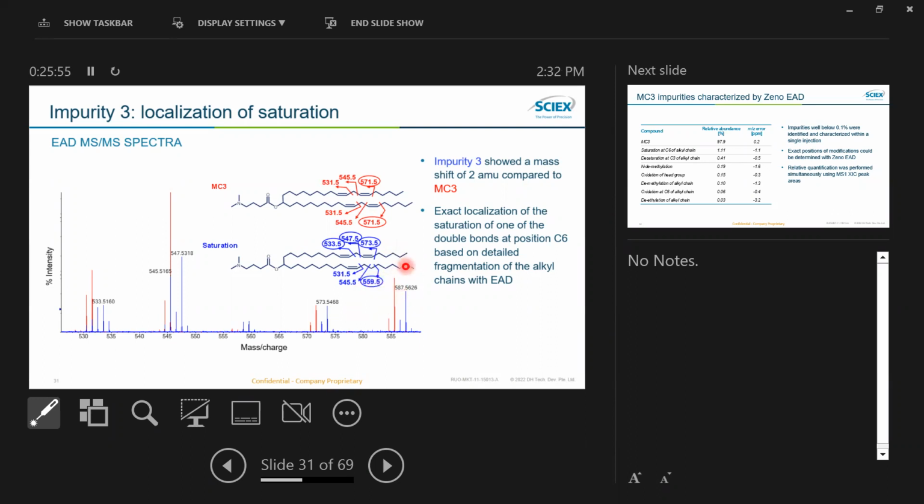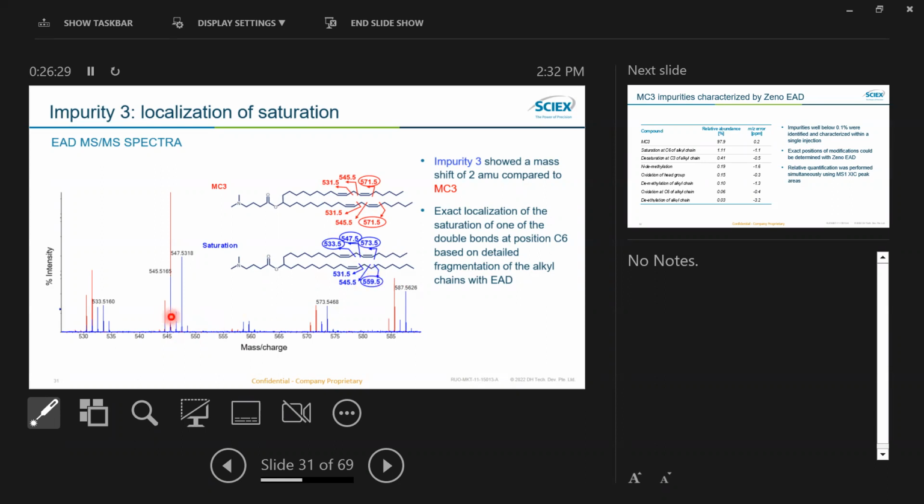However, as we continue down the mass range or down the chain here, you eventually get to a point where instead of just 1 species, you have 2 species within the saturation impurity, and so you have kind of equal probability of fragmentation over here, either containing the saturated or the unsaturated species.